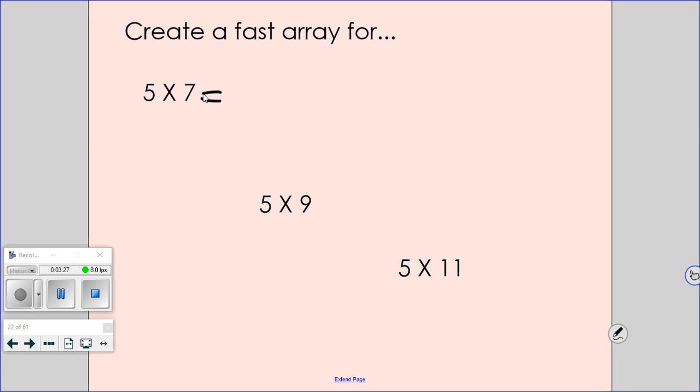Should be a 5 by 7. William? Nope, you have too many dots there. Lily Marie? Should equal 35. Your fast array, if you made it, should be 5 down. Most of you got that part right. But don't skip our first column.